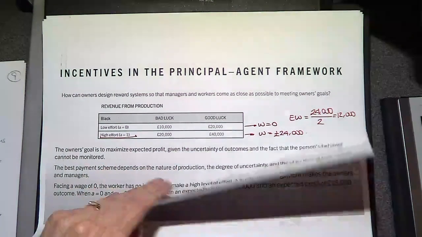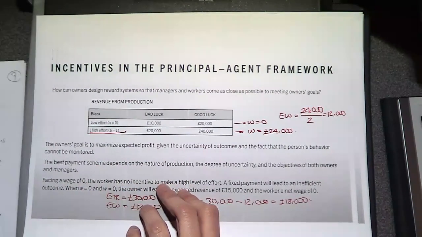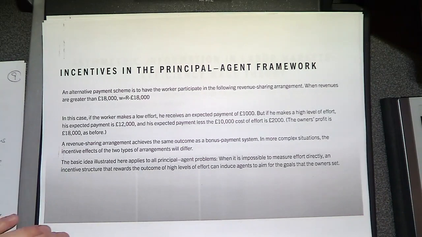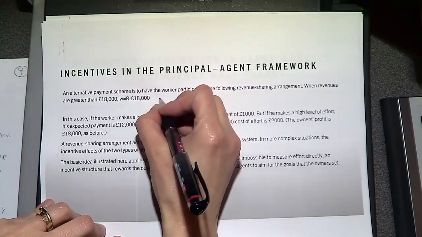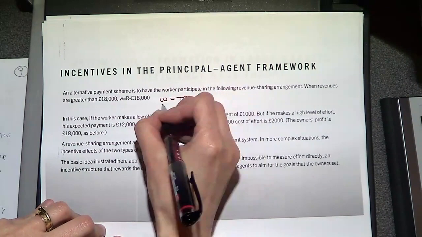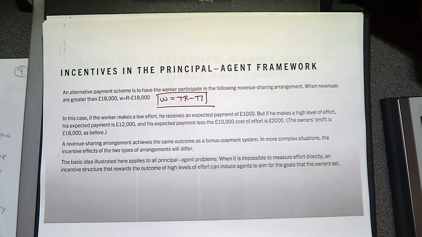So another scheme, which actually explains what we just explained, could be to agree that the salary of this worker depends on the total revenue minus the profit. So that will be the general equation for this scheme without specific numbers, okay? The numbers are just an example. This is actually one that is much more used in the principal agent problem.